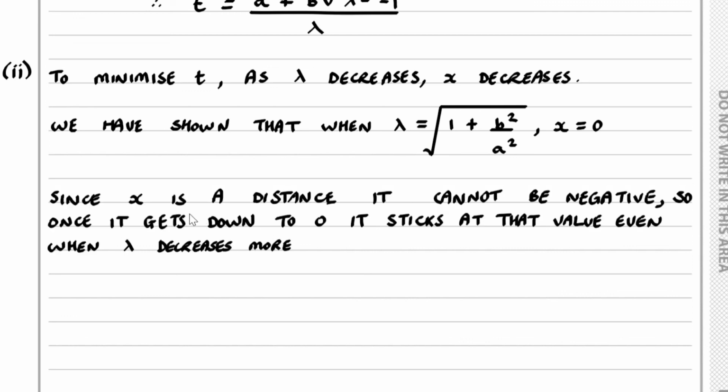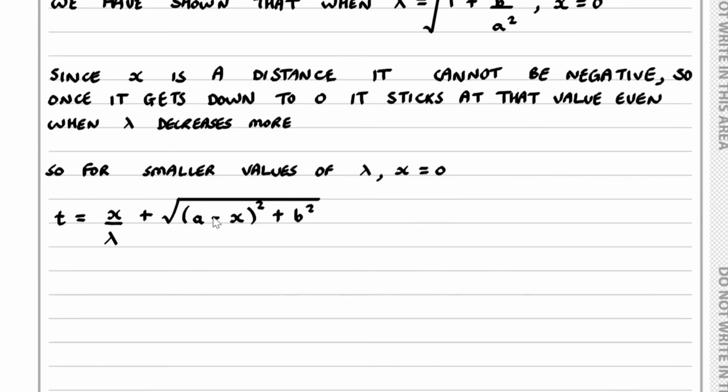And so, since x is a distance, it can't be negative, so once it gets to 0, it sticks to that value even when lambda decreases more. And so for smaller values of lambda, x is equal to 0. So here is our formula for t in terms of x. And what we're going to do is replace the x with 0, and that leaves us then with t equaling a squared plus b squared square rooted.